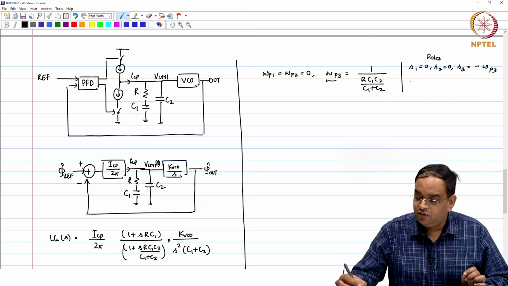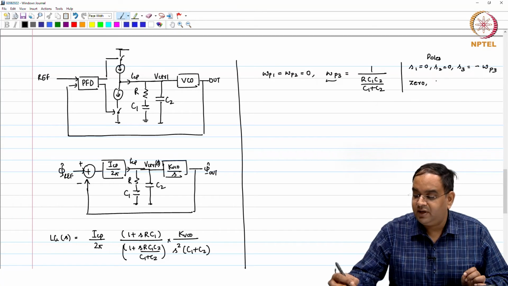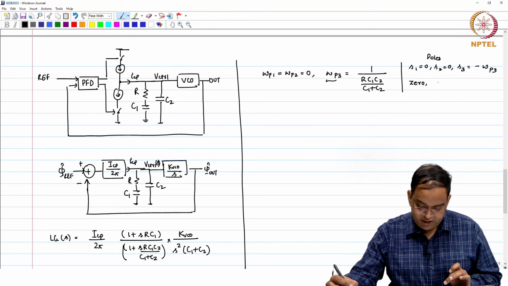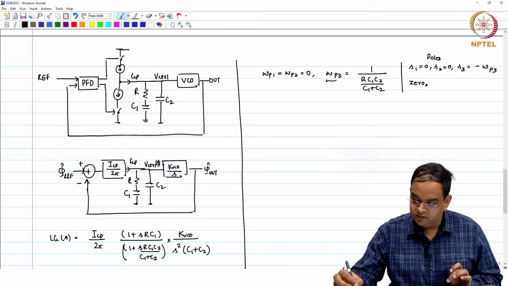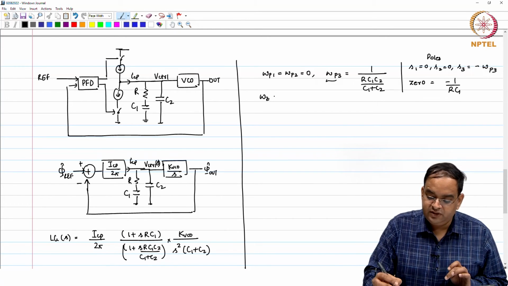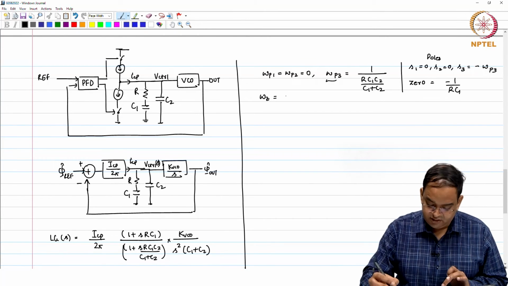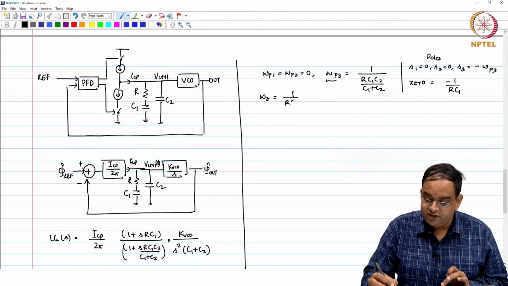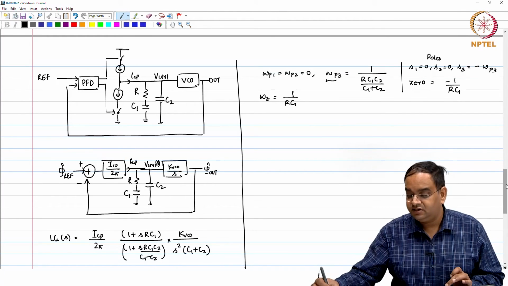Now, 0 in Laplace domain is actually at minus 1 over R C1, and the 0 frequency which I use in the expression is omega z, which I write as 1 over R C1.